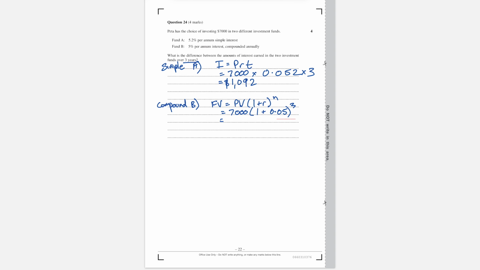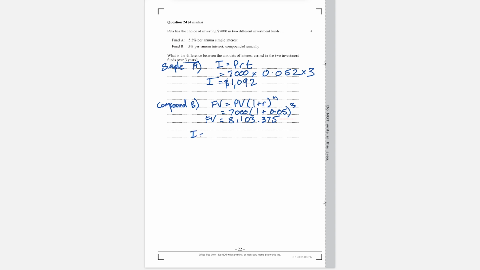So again, putting that into a calculator, 1.05 to the power of 3, and then we're multiplying that by 7,000. So we get 8,103.375. So this is our final value. And if we want to compare apples to apples, we have to actually minus out the principal from this.